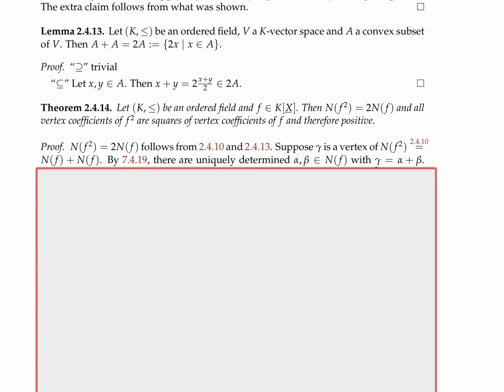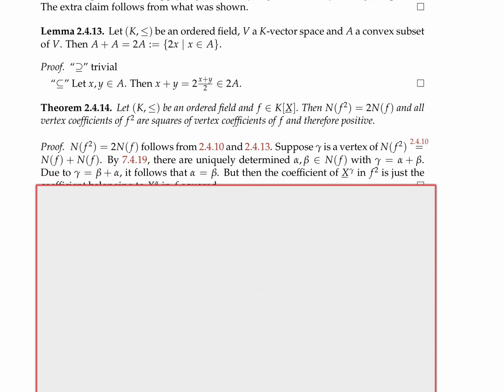So this uniqueness even says that you cannot interchange now. If alpha and beta are not the same, then beta, alpha would be another such pair, but there is only one such pair, right? So actually this pair alpha, beta is even unique. And if beta, alpha is another such pair, then they have to be equal, and then alpha has to be beta. Because gamma is also beta plus alpha, it follows that alpha equals beta.